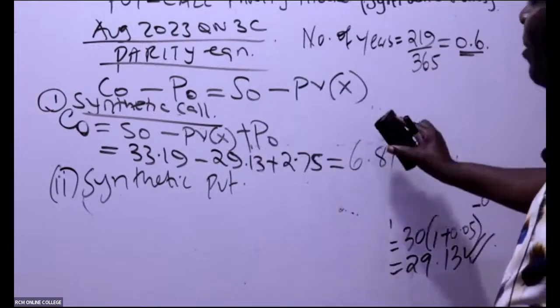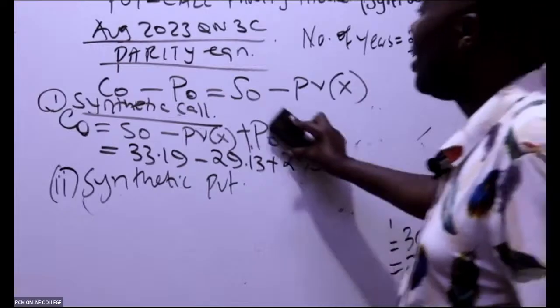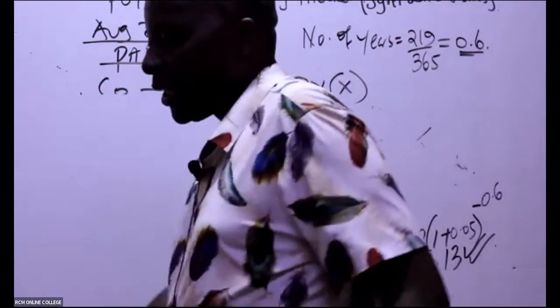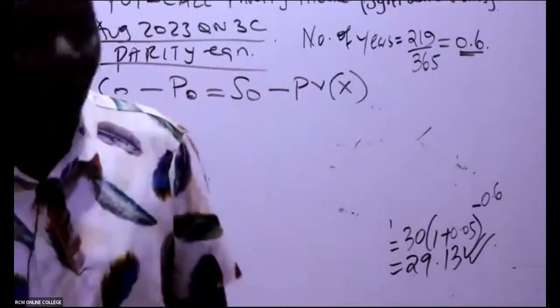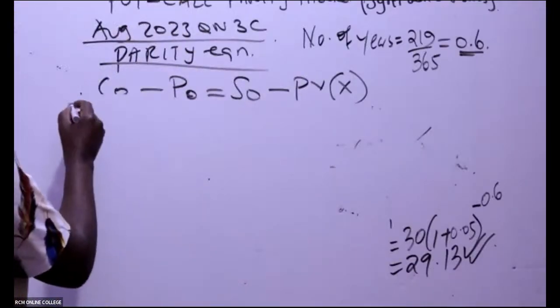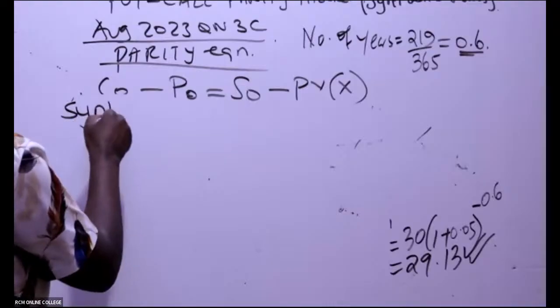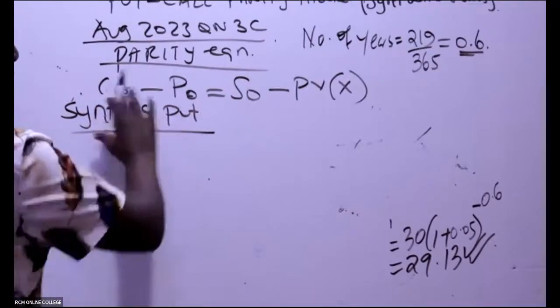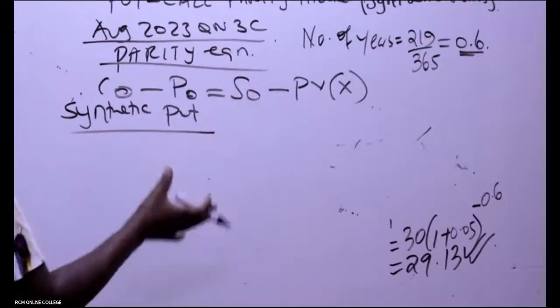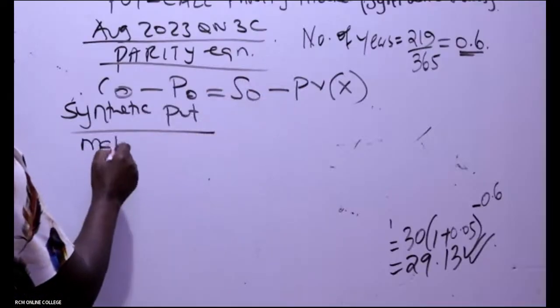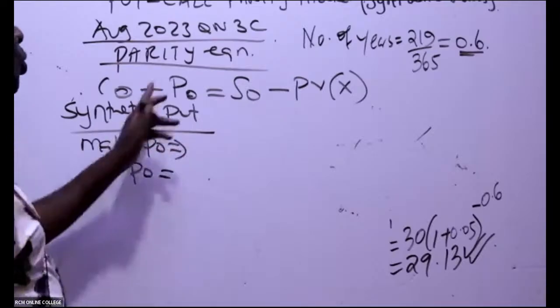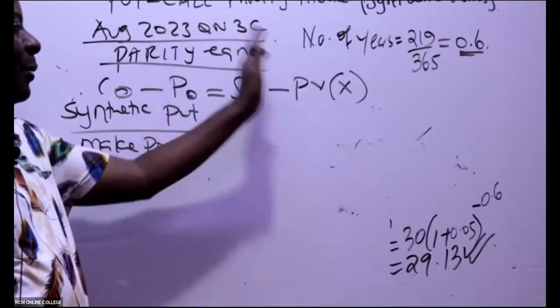So if I make PO the subject of the formula, then what do they really want me to do here? In this case, synthetic put. Make PO the subject. You must cram this, write it many times. So what I will do, ladies and gentlemen, I will take PO to the other side.